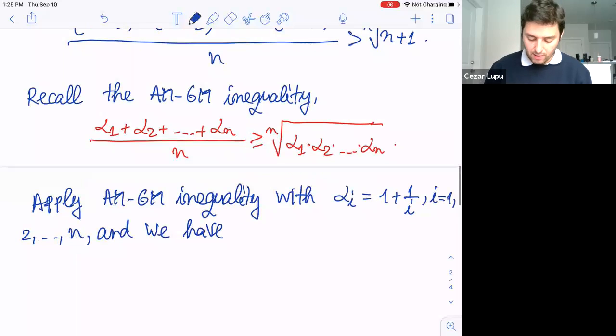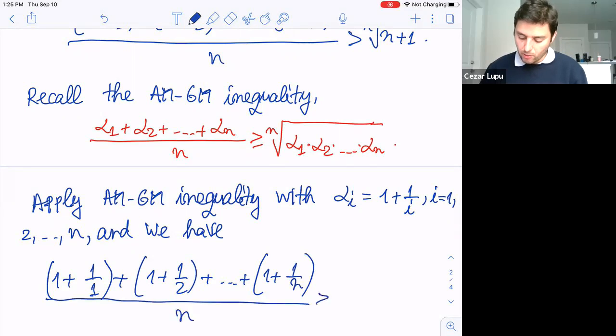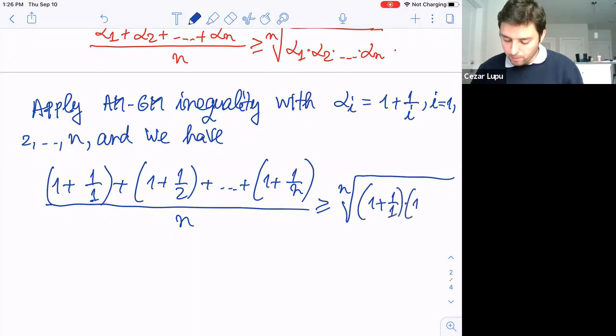So we'll have that 1 plus 1 over 1, plus 1 plus 1/2, plus 1 plus 1 over n, everything over n, is greater or equal than the n-th root of the product of these alphas, which is 1 plus 1 over 1 times 1 plus 1/2 all the way to 1 plus 1 over n.